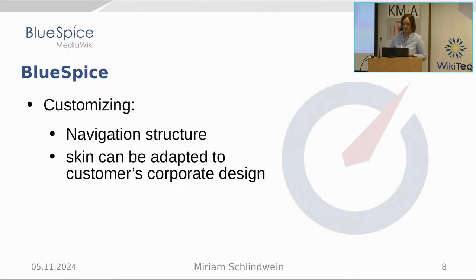So we have not only the MediaWiki sidebar to build a navigation, we also have, for example, a custom menu which can be set up, or users can set up their own navigation in the personal menu. And we have also the option to make books, so you can bring together different pages in one book, and then you have a structured navigation from chapter to chapter.